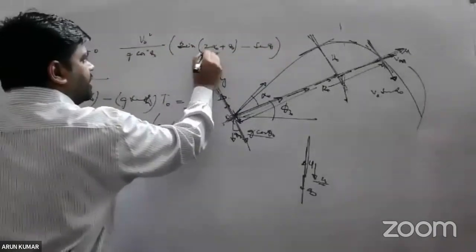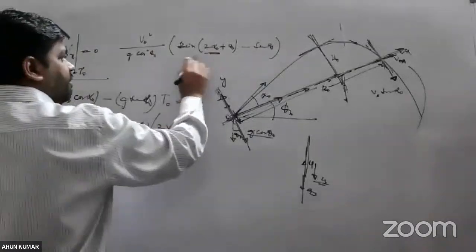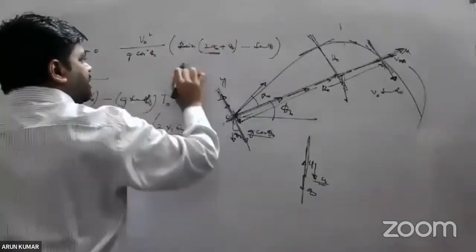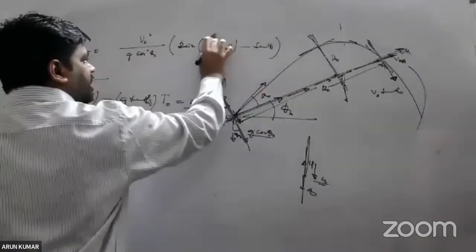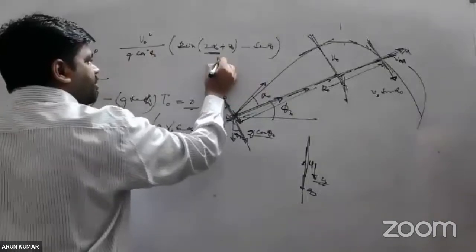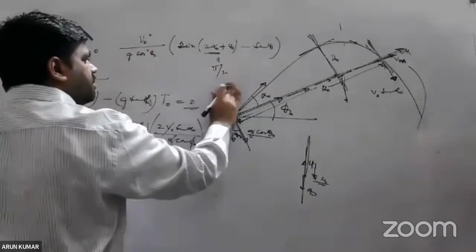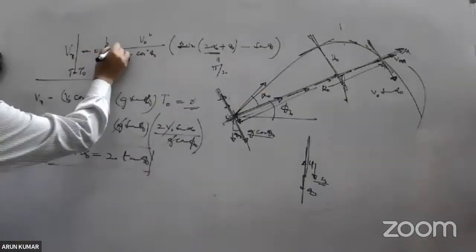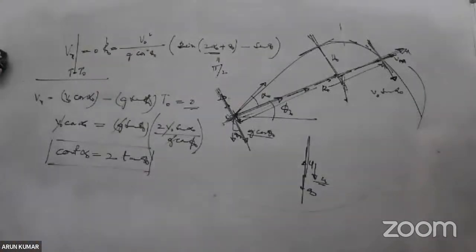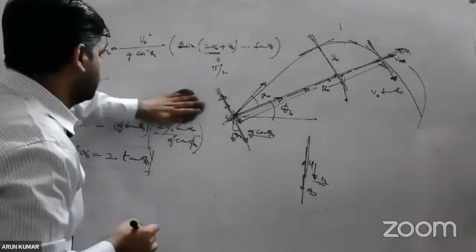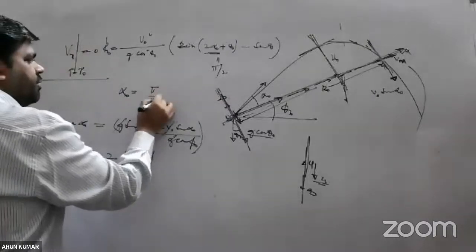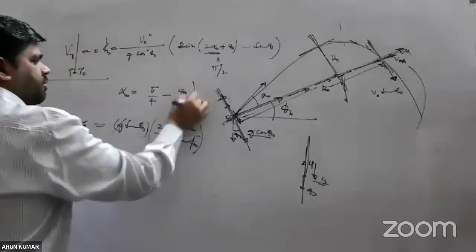Everything is constant except alpha here. So sine of this one should be maximum for this to be maximum. If this is maximum, that means this is 1. If this is 1, 2 alpha naught plus theta naught should be equal to pi by 2. If that is the case, my alpha should be equal to pi by 4 minus theta naught by 2.